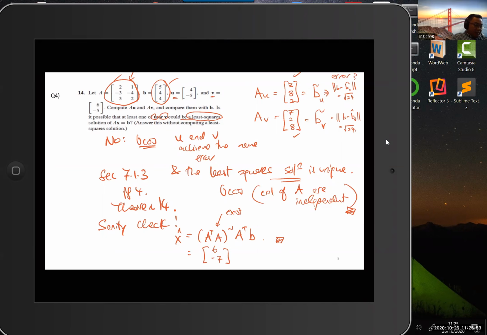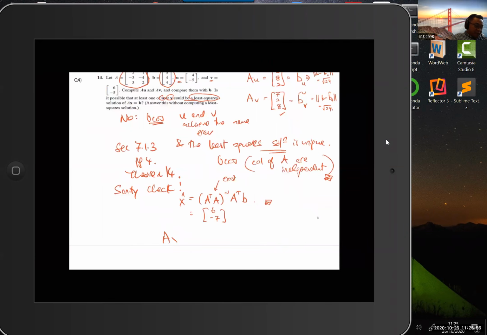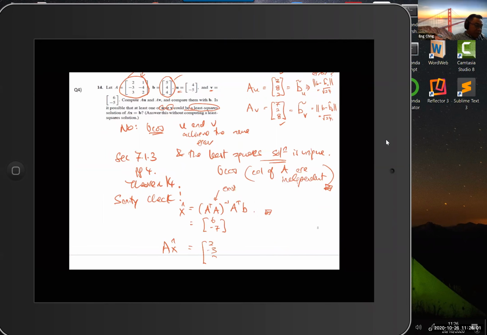And then when we plug in this, what do you think the answer is? The answer is actually very nice. The answer is exactly B. That means actually B lies in the column space of A. The least square solution transformed is also exactly the solution.